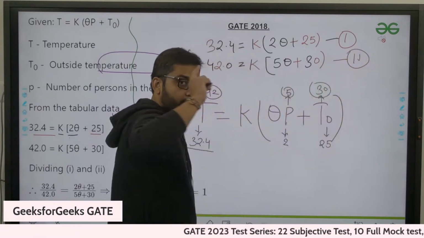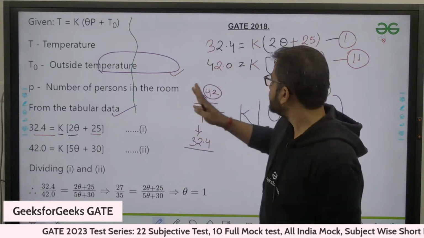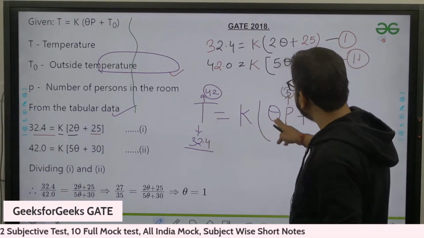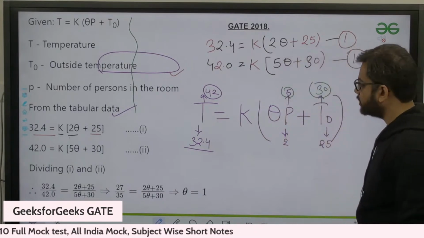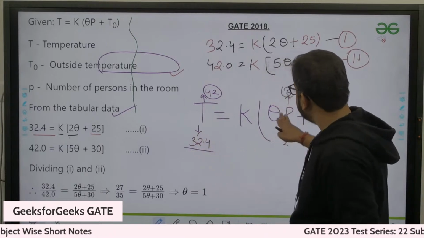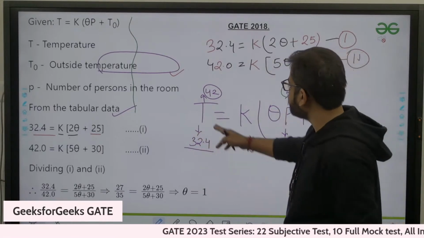First, T is equal to K theta P plus T naught. This is our equation. Correspondingly, T is equal to 32.4, P is equal to 2 and T naught is equal to 25. This is our equation number 1.